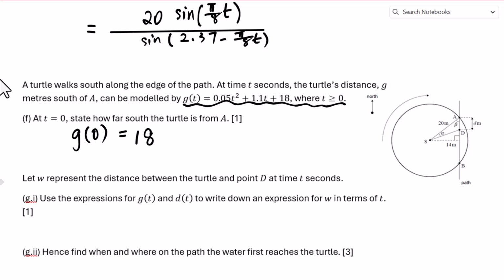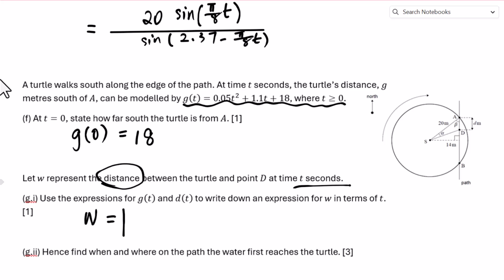Let w represent the distance between the turtle and point D at time t seconds. Use the expressions for j of t and d of t to write down an expression for w in terms of t.